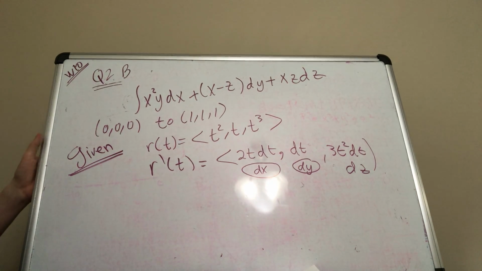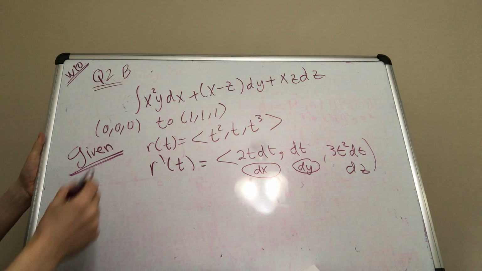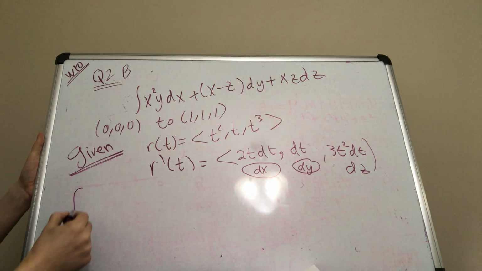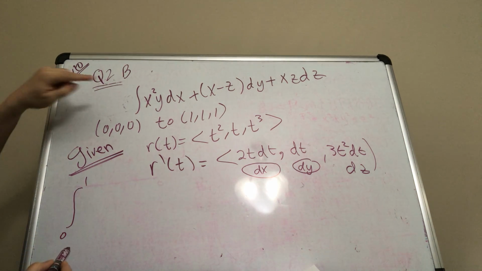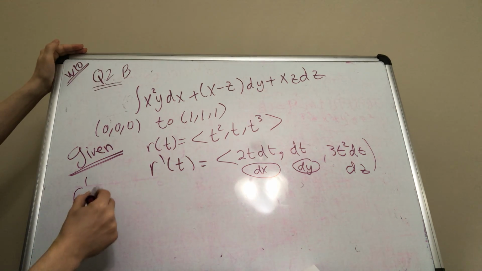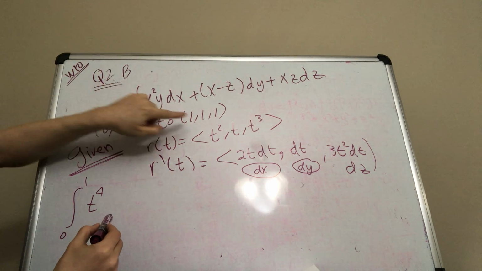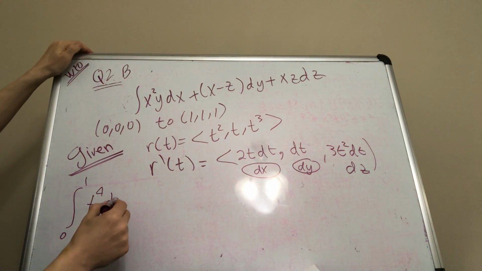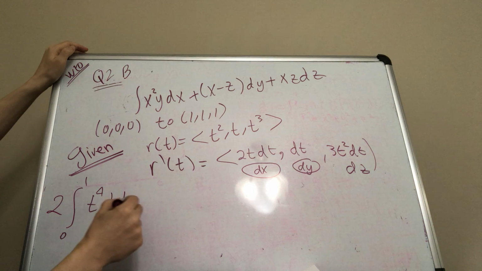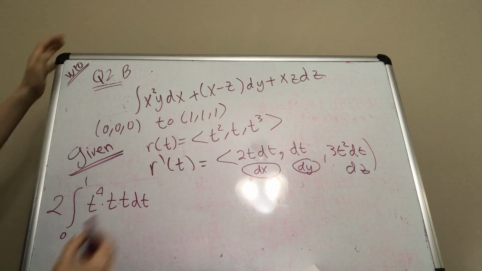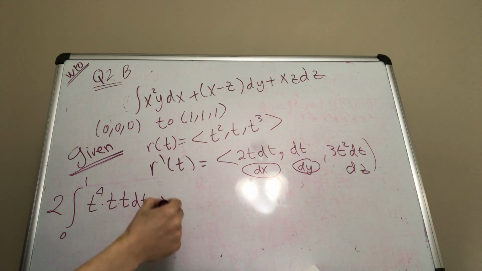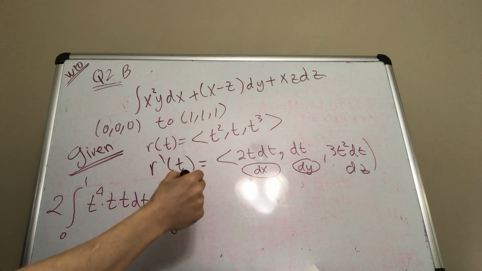Now you're ready to do the integral. And it's obvious that you're going from 0 to 1. X squared would be this squared, which is t to the power 4, times y, which is t, and dx, which is 2t dt. That's the first one. Second one, 0 to 1.